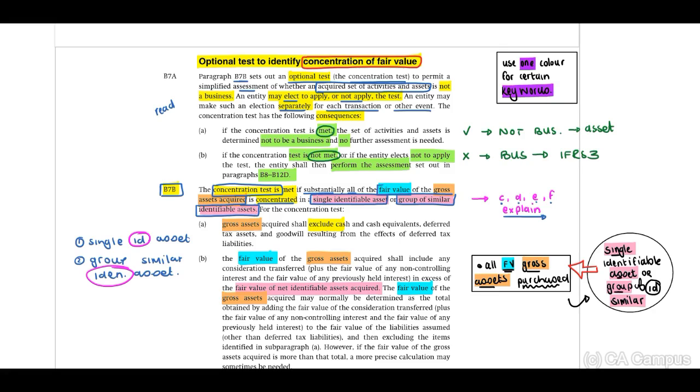Now, if the fair value of our gross assets purchased consists of a single identifiable asset or a group of similar identifiable assets, then our concentration test will be met.